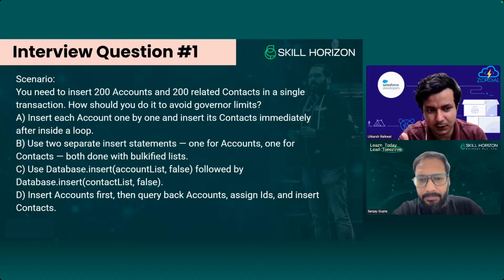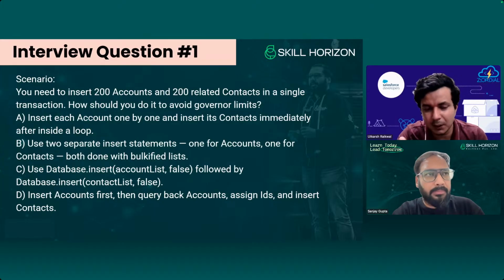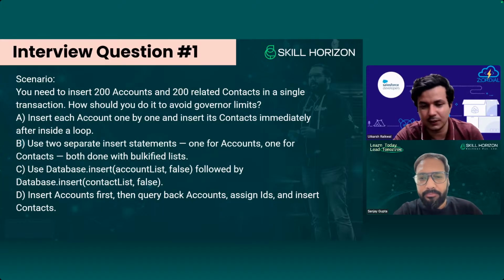Whereas in case of B, it is also a good option, but for the bulk records, if any record fails, then the whole insert will be rolled back. That's the advantage, so I'm going for C.